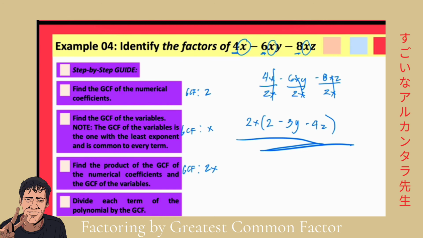Same case with -8xz divided by 2x, that will be -4z. And that is our final answer. If you wish to do checking, 2x times 2 is 4x, 2x times -3y is -6xy, 2x times -4z will be -8xz. So we have here the correct answer.